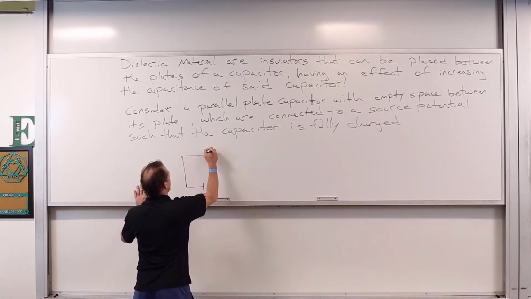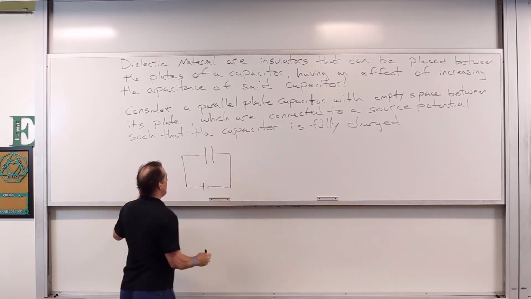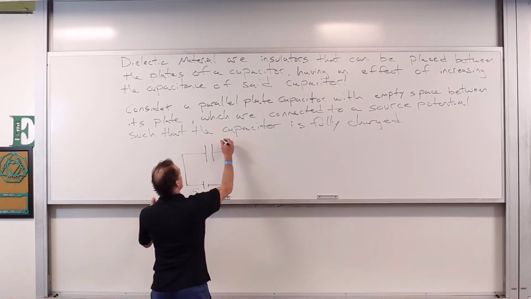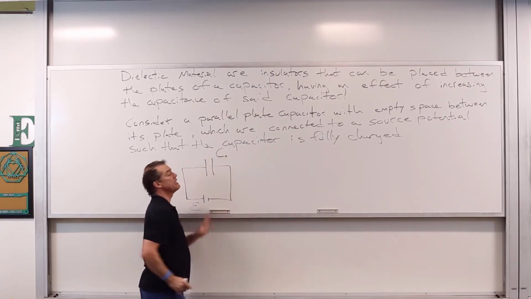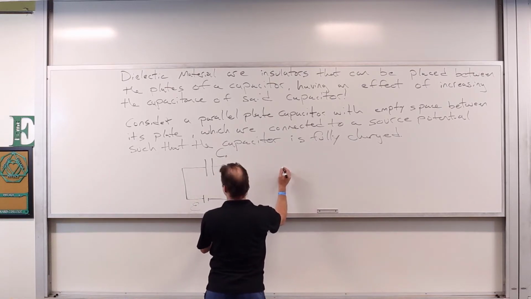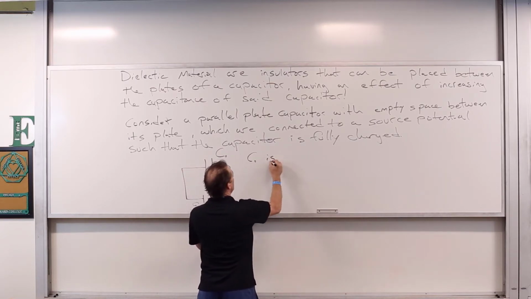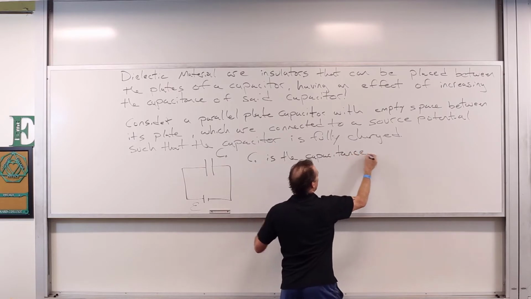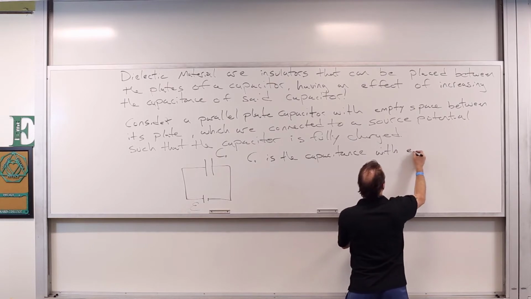Take ourselves some source potential, great. We've got ourselves a parallel plate capacitor. We'll just draw it out how we usually do. And there's the source potential, fantastic. This capacitor, we're just gonna call C, and we're gonna say it has capacitance C sub 0, and we'll also have some charge stored. C sub 0 is the capacitance with empty space between the plates.